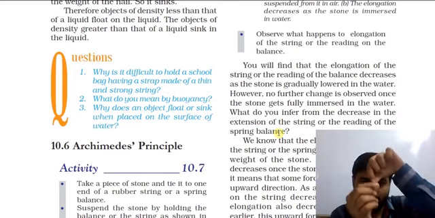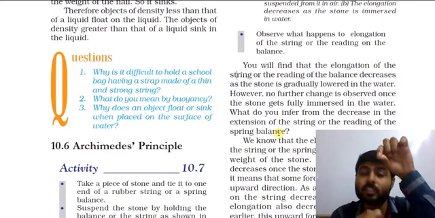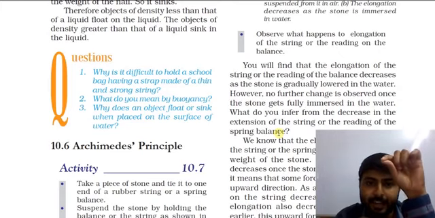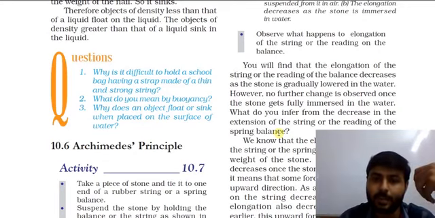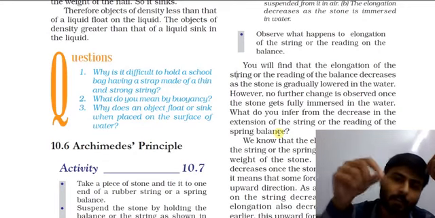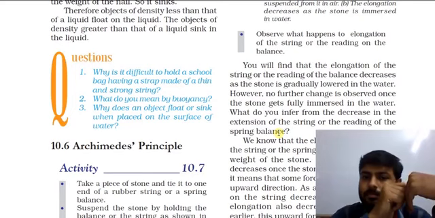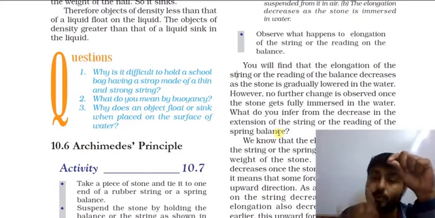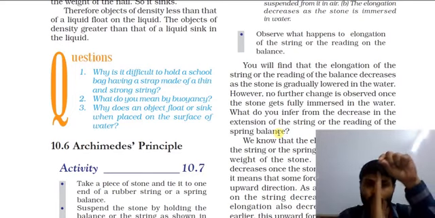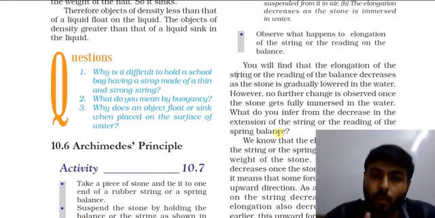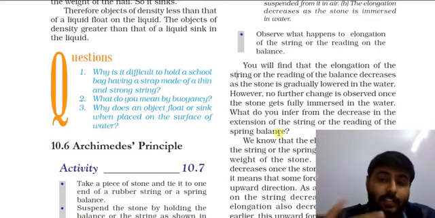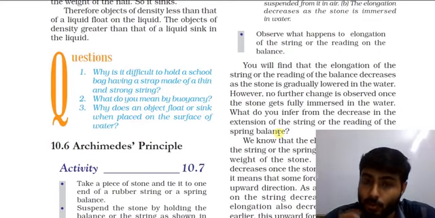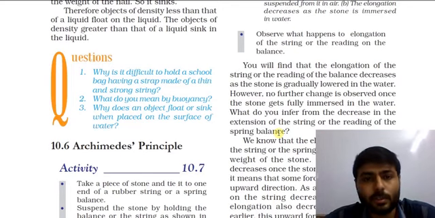Here we have the string. This will elongate more at the start of the experiment, and it will elongate less after the experiment. What is the experiment? We immerse the stone in water. So there must be some force acting upward on the stone and string. This force is transmitted by the stone to the string. What is transmission of force?